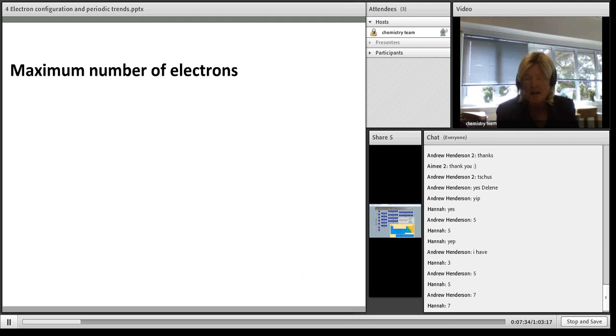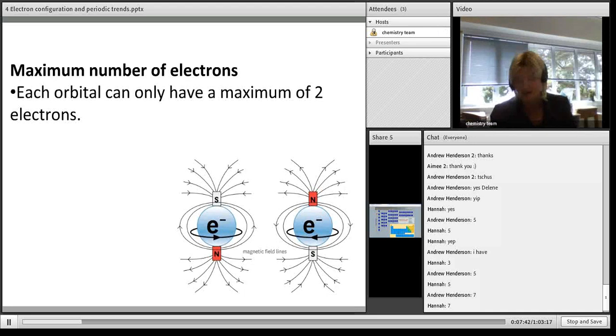Okay. The next thing you have to do is work out the number of electrons, because we're trying to work out where all these electrons fit inside the energy levels. So we can have a maximum of 2 electrons in each region, in other words, in each orbital. Now, why 2? What can you tell me about the charge on an electron?